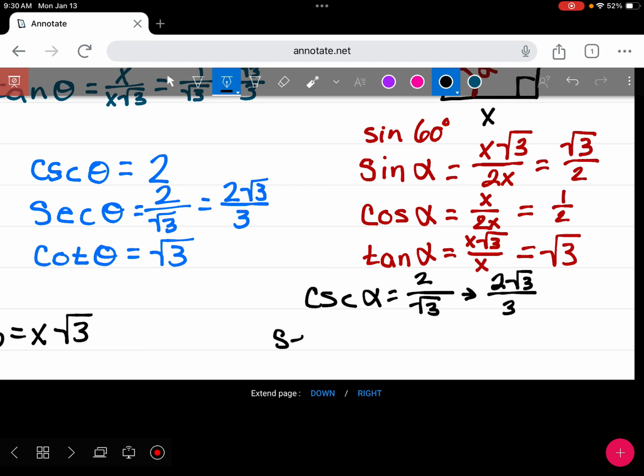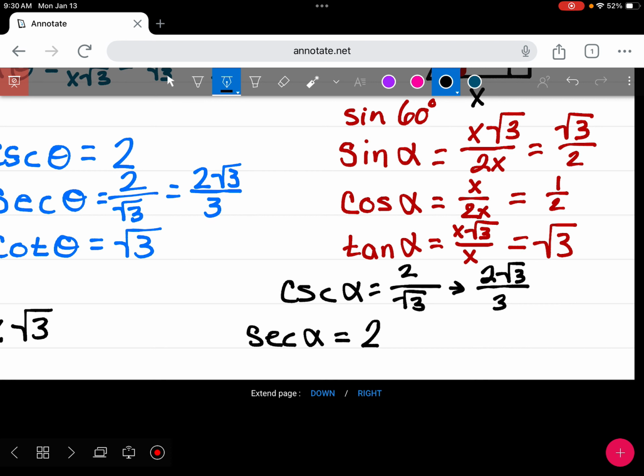How about secant? That's the reciprocal of our 1/2, so that's just going to be our 2. And then our cotangent, that's going to be our 1 over square root of 3, which we're going to rationalize to be our square root of 3 over 3.